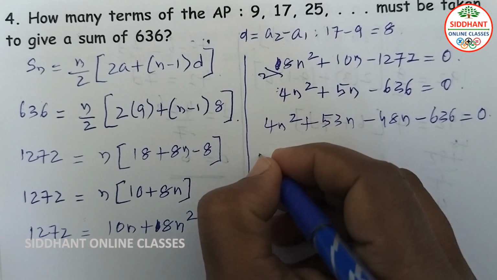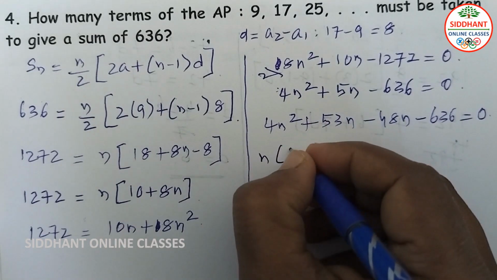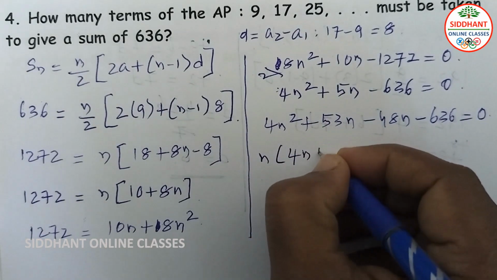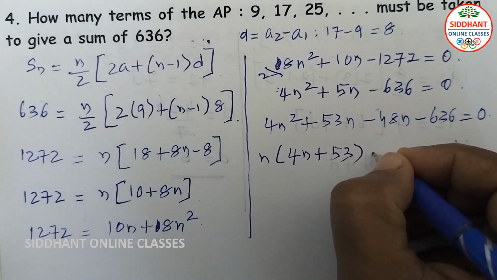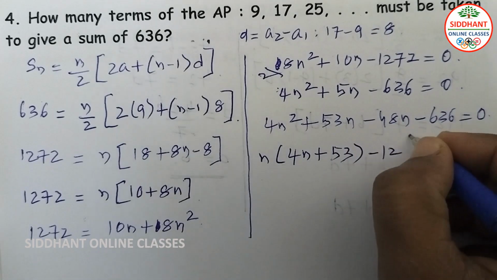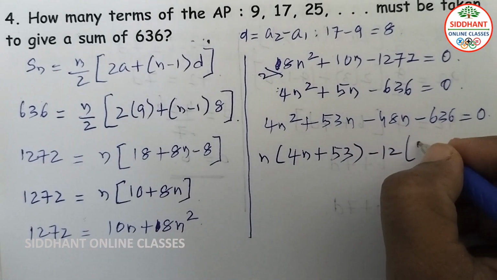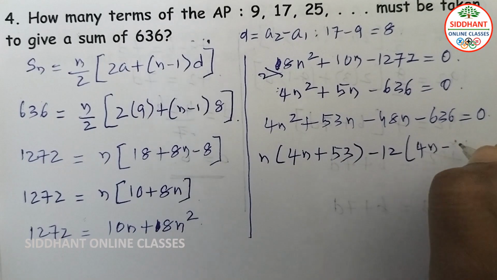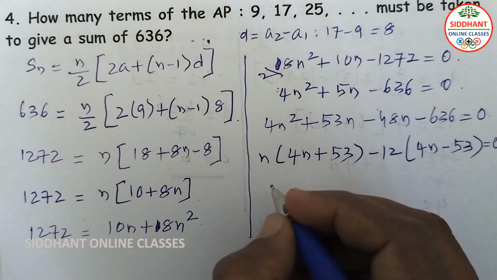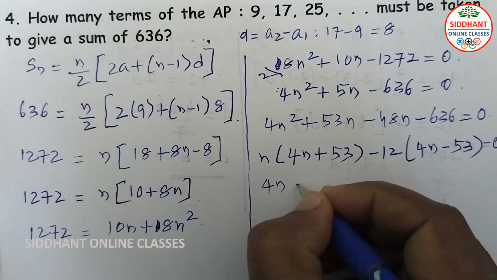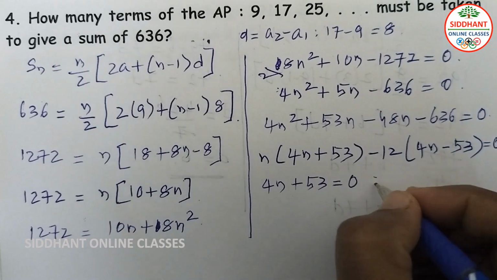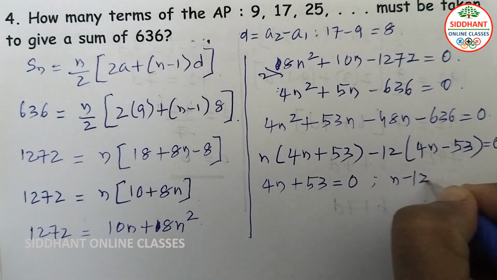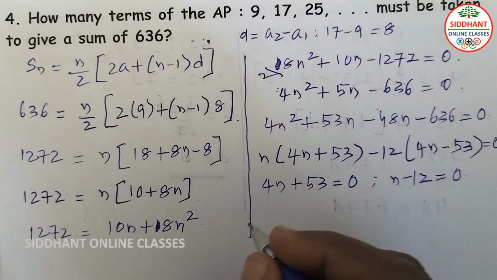Taking n common, that will be n(4n + 53) − 12(4n + 53) = 0. So 4n + 53 = 0, n − 12 = 0.